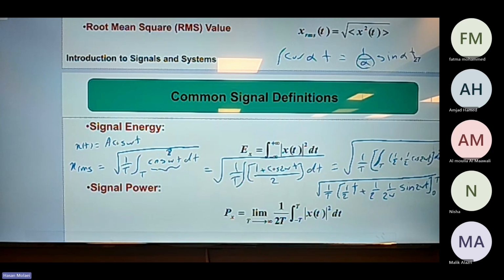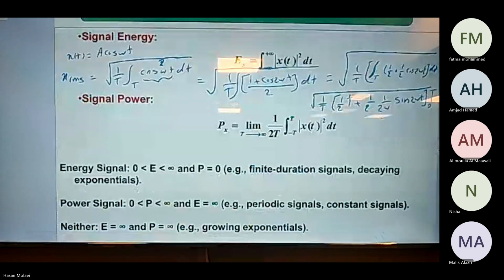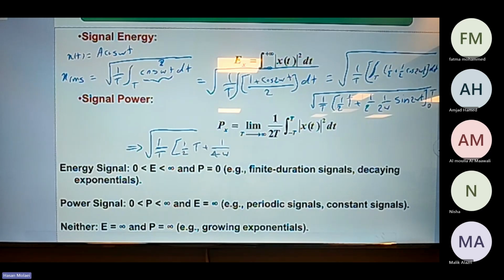Let me write it. 1 over T. If I write T here, it would be 1 over 2T plus 1 over 4 omega, sine of 2 omega T minus sine of 0.